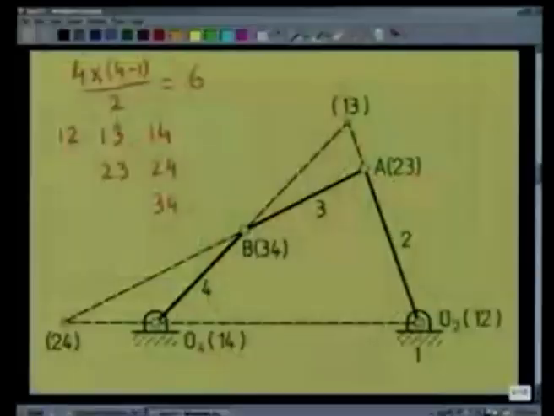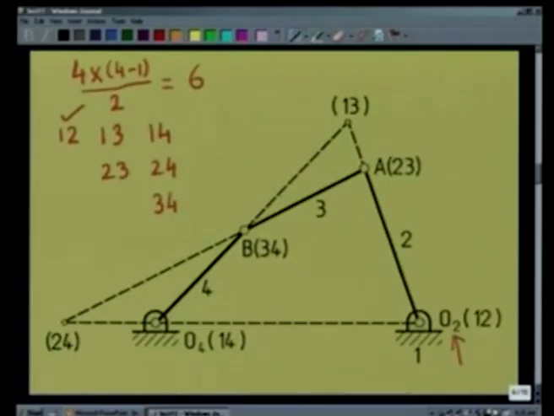Out of these 6, as I said in the last lecture, the location of 1, 2 is at O2, because link number 1 and link number 2 are connected by a revolute pair at O2. So O2 gives us the location of the relative instantaneous center 1, 2.